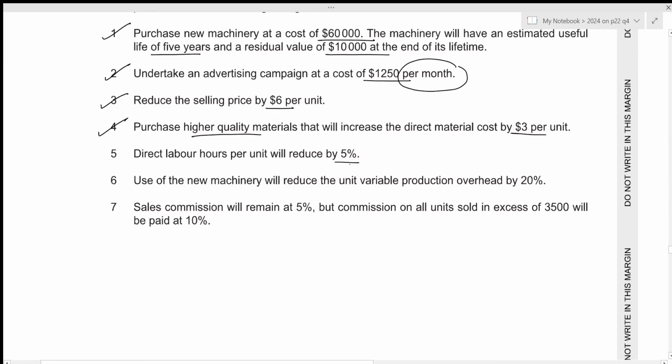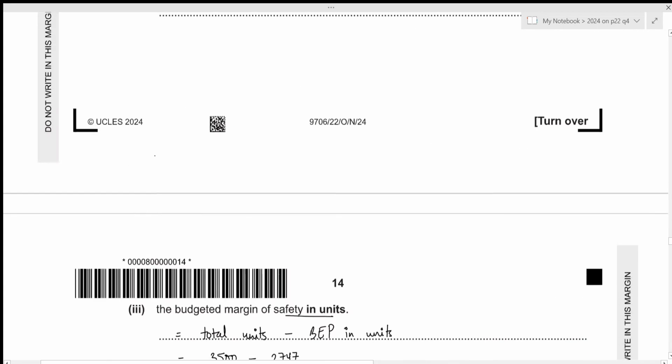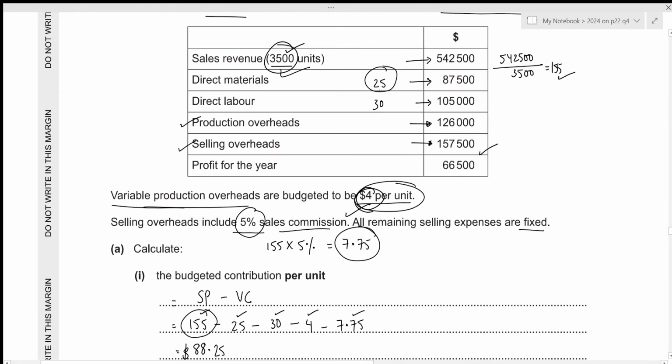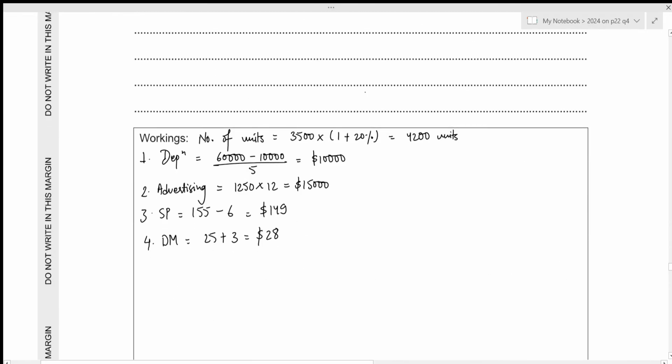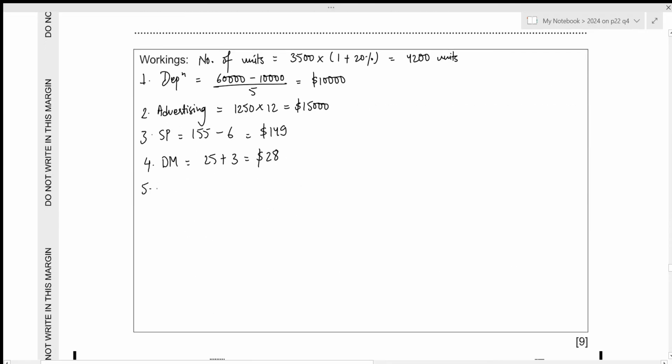So if we are reducing the direct labor hours, it means that the direct labor cost per unit will also be reduced by 5%. Previously, the direct labor cost per unit was 30. Now we just need to reduce it by 5%. So new direct labor is 30 times 1 minus 5%. So that will be 28.5.